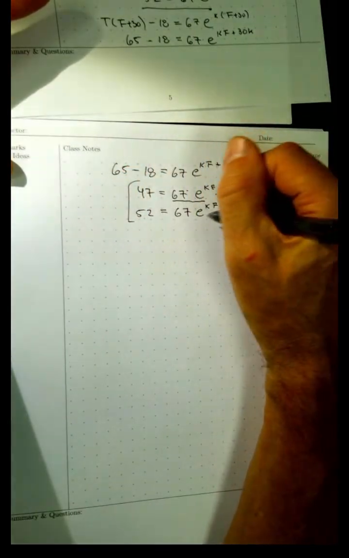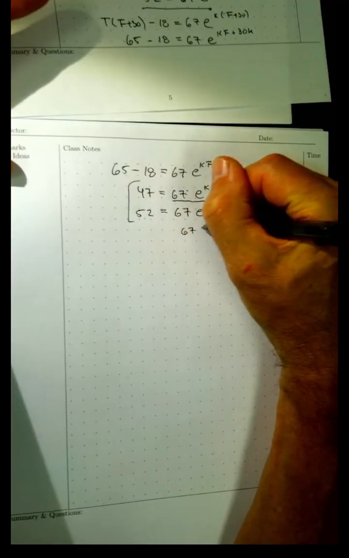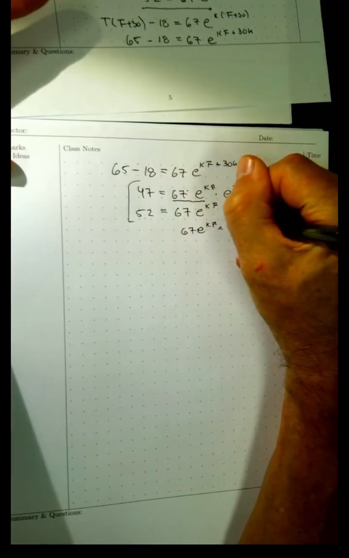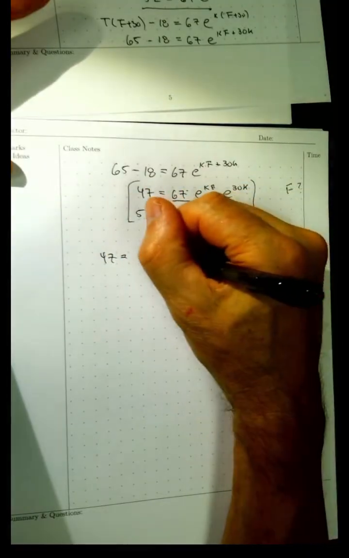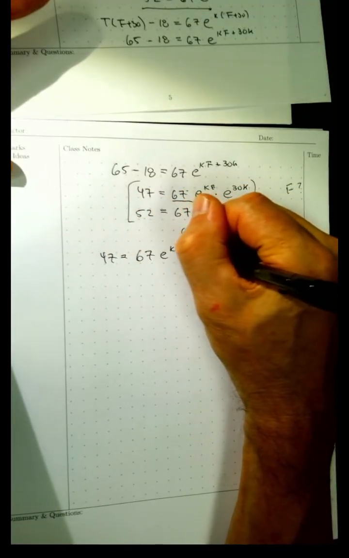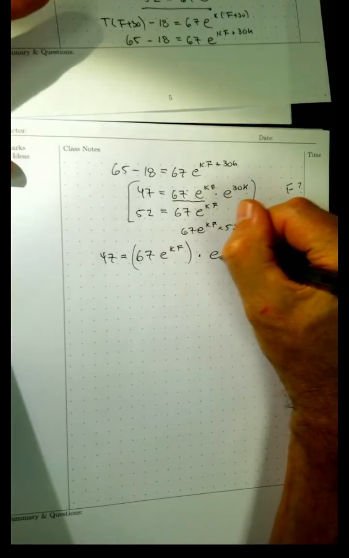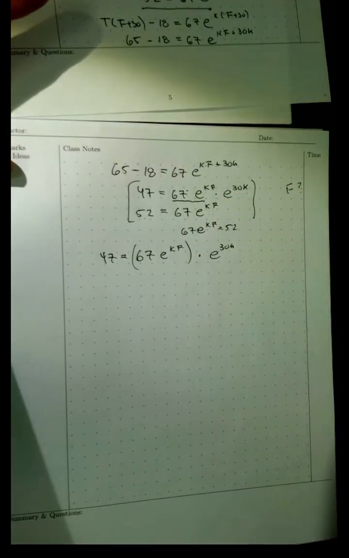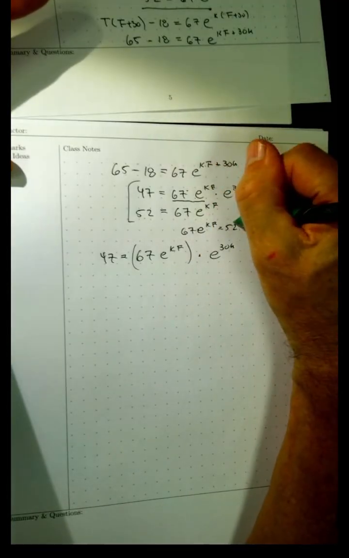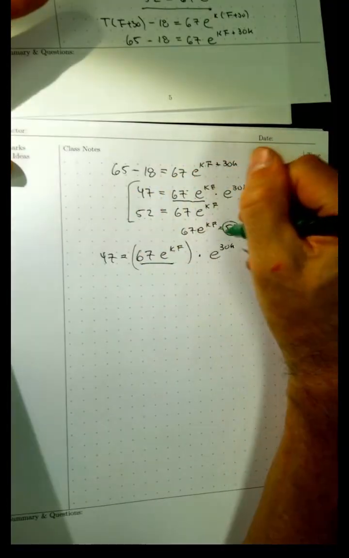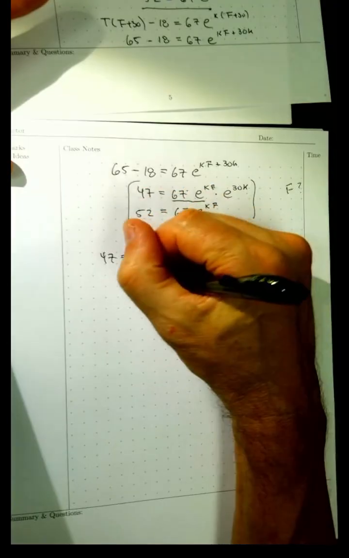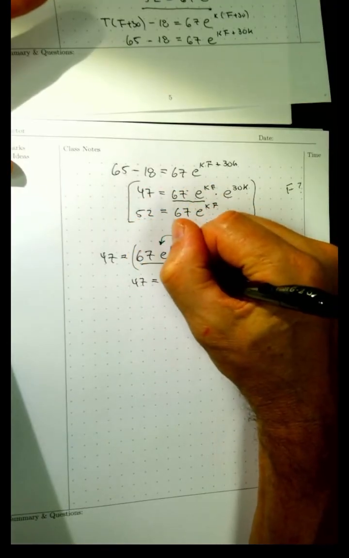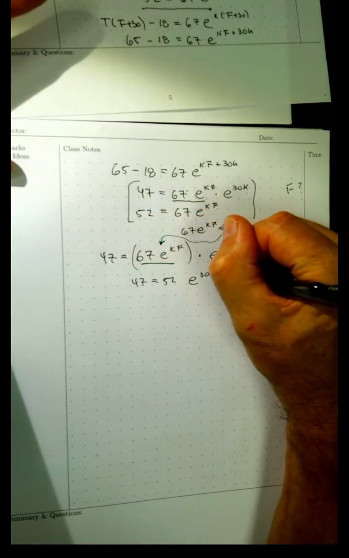So because 67 e to the kf is 52, and I know that 47 equals 67 e to the kf times e to the 30k, I can replace that with 52. So 47 equals 52 e to the 30k.